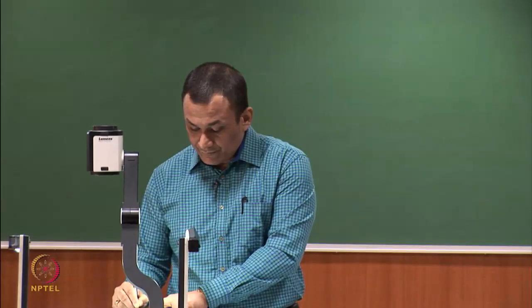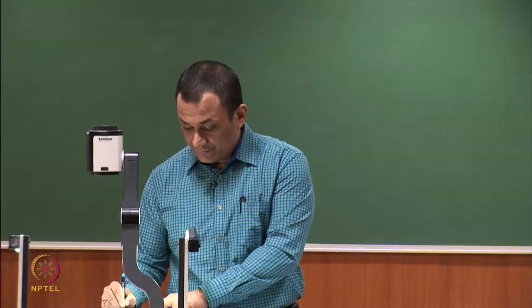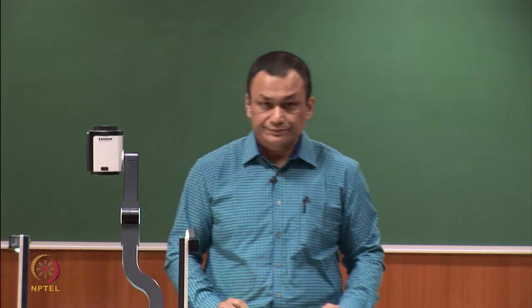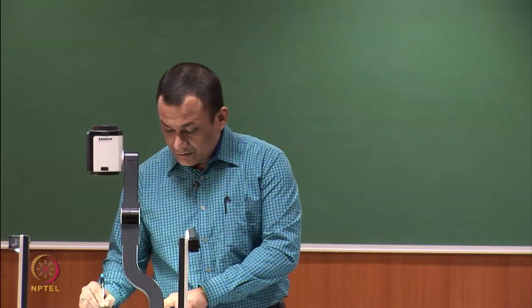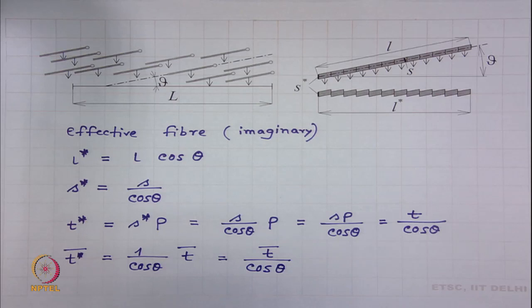What will be the mean? This mean will be cos theta is a constant and expectation of t will be t bar, right. So, t bar by cos theta, this is the mean. What will be the variance?